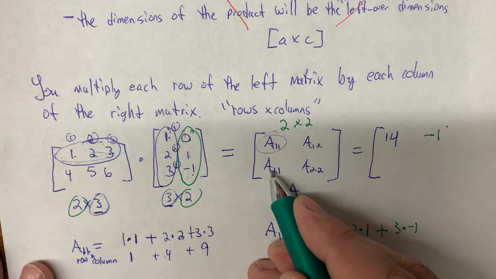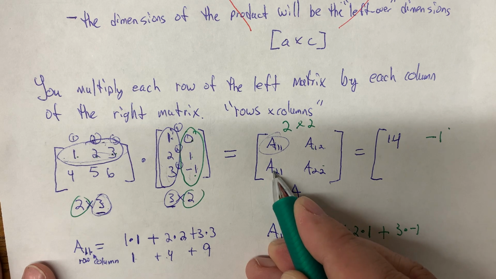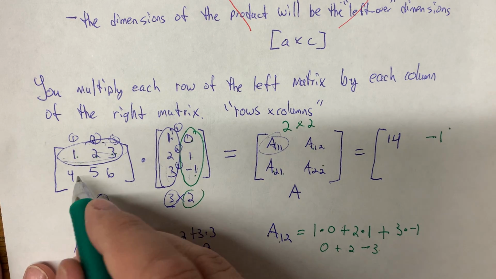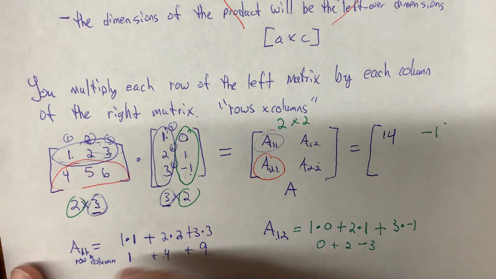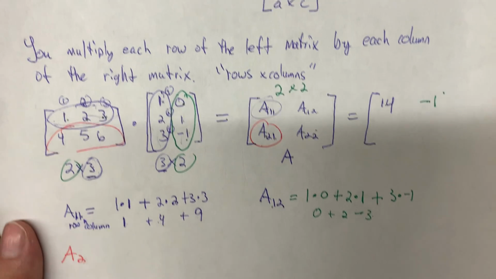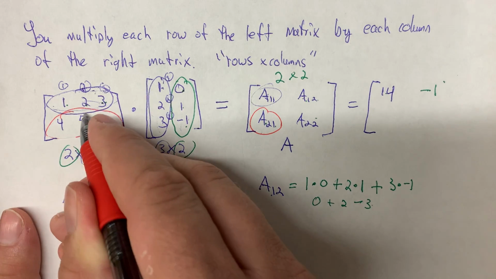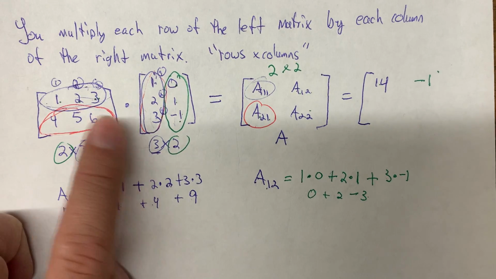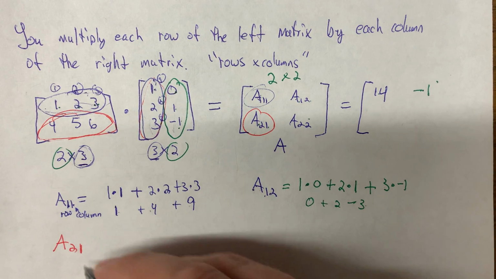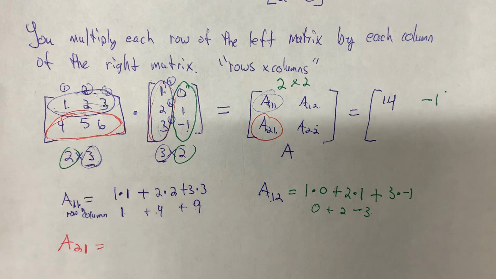Now, to do the second row, first column, we're going to multiply the second row times the first column. What is this going to equal? What number will this equal?